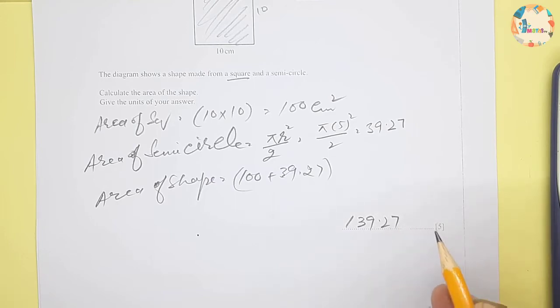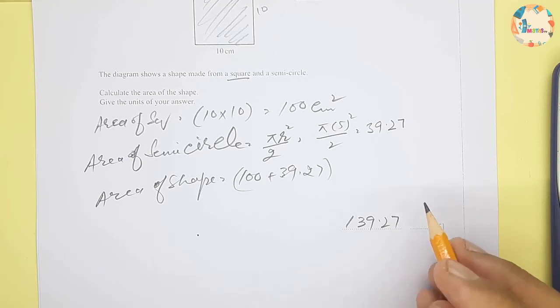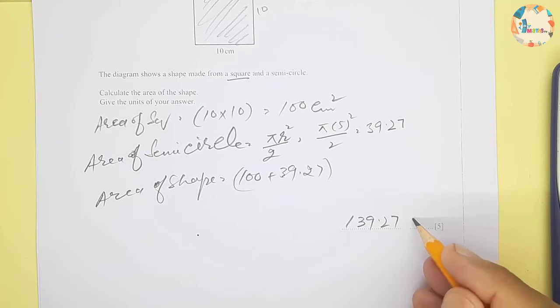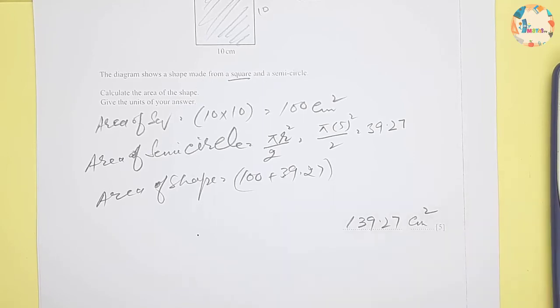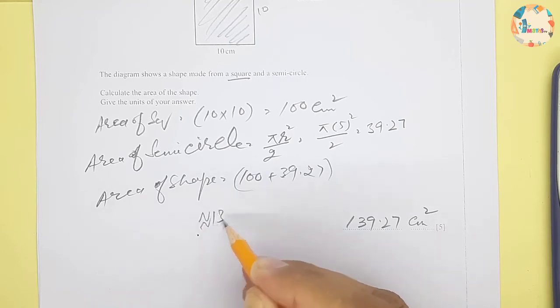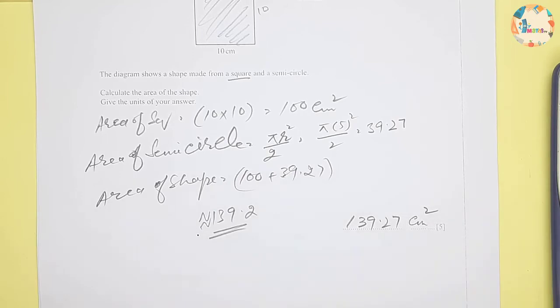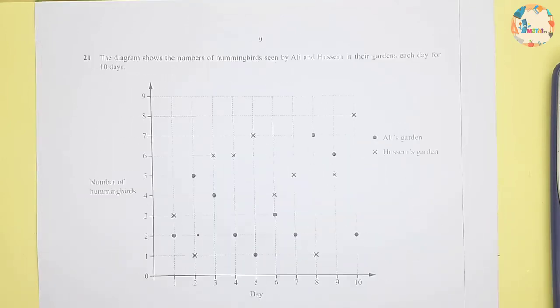The unit will be centimeter square. So they are asking to give the units of your answer, so it will be centimeter square. Next part, we can round it as 139.2 also, or this answer can be provided.